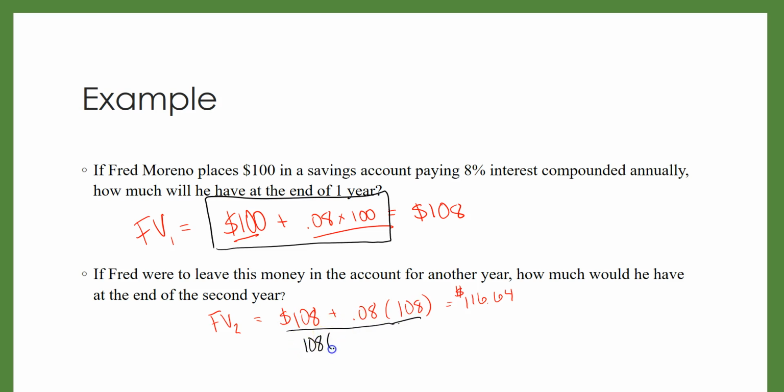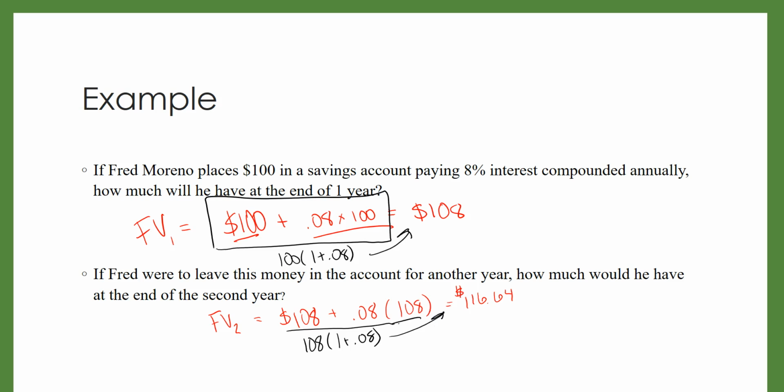We could pull that out, and then we'd have 100 times 1 plus 8%. And that still equals $108. We could do the same thing with the second year calculation, and it still equals $116.64. We just factored out the principal component.